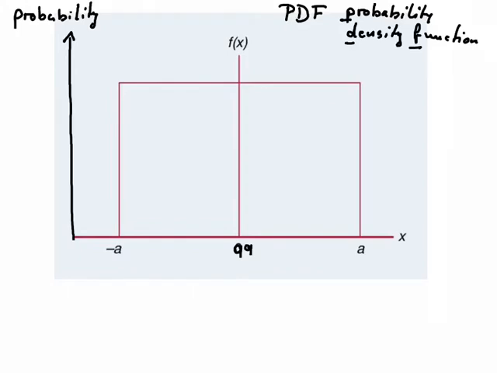Now we can model our display with what is called a probability density function, PDF. In this case, we look at the probability to get a certain value from our reading. What does that mean?